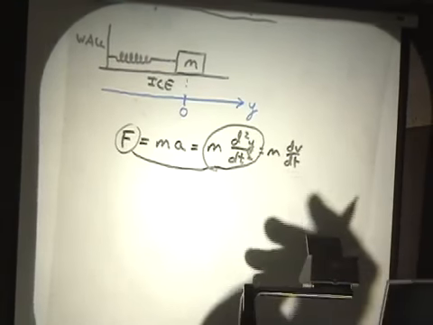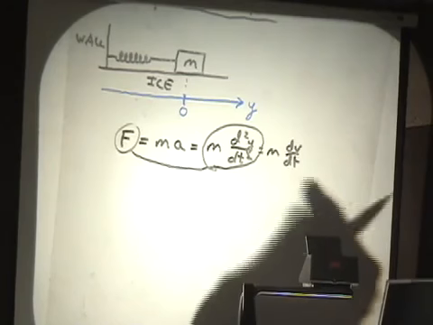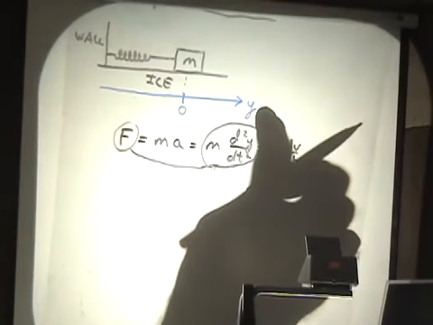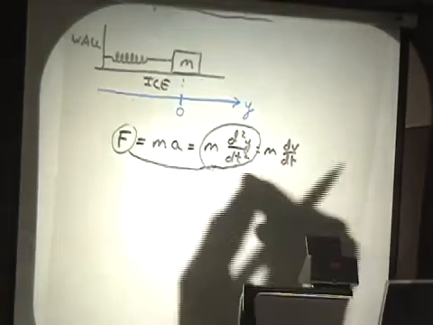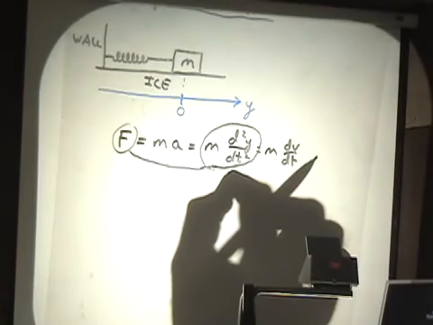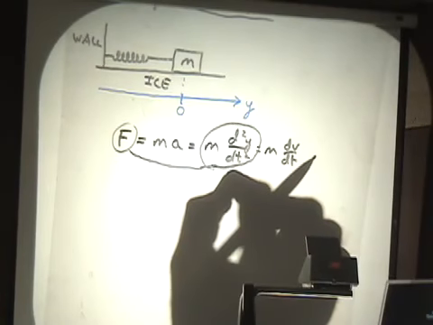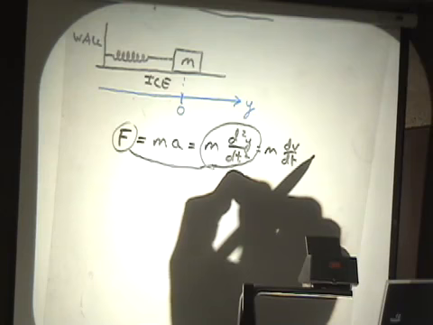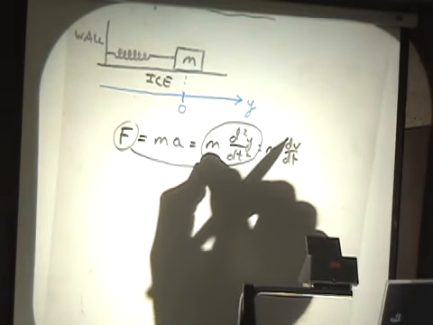And there are units involved, of course, with these things. Y would typically be measured in meters, time in seconds, and so this second derivative, this acceleration, would be in meters per second squared. The mass is in kilograms.